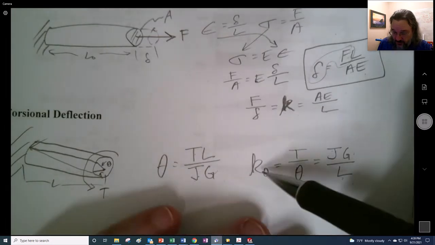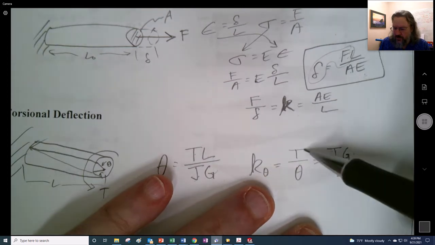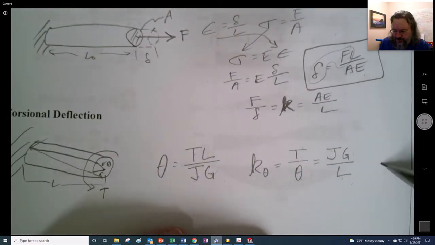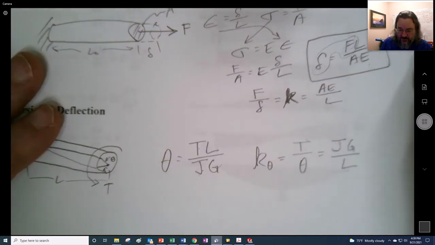Now this would have units of Newton meters per radian, whereas this would be like newtons per meter, or pounds per inch, that type of thing.